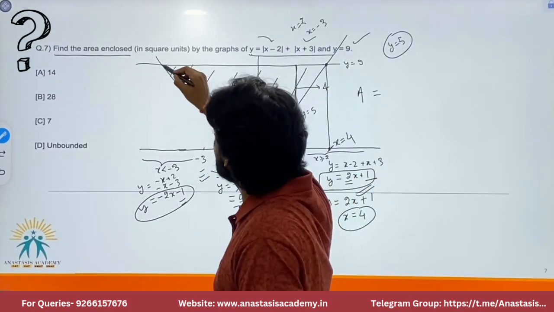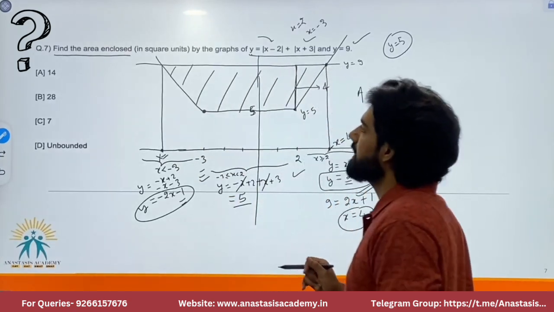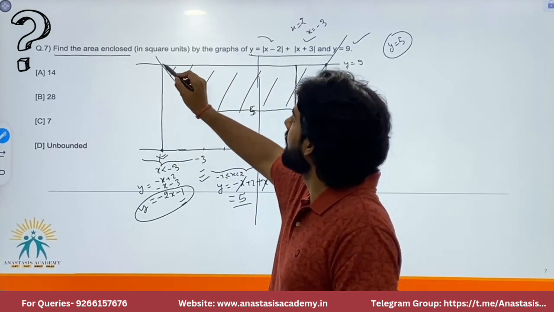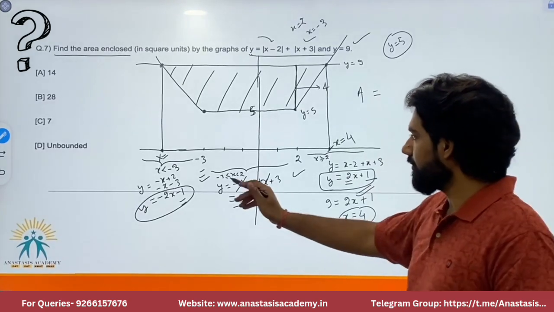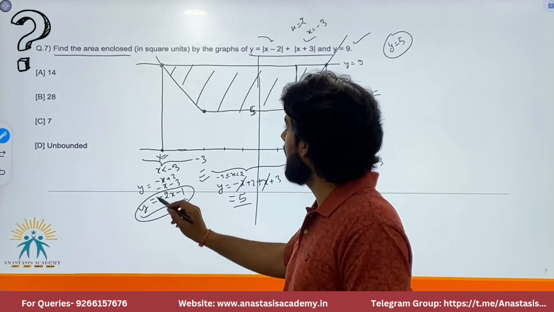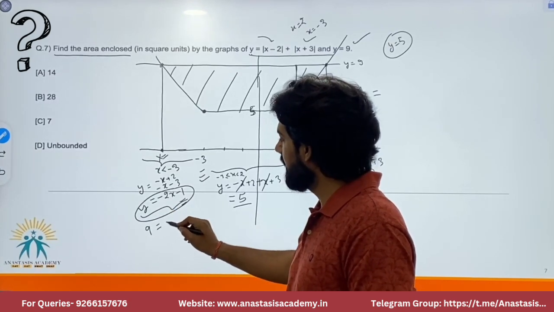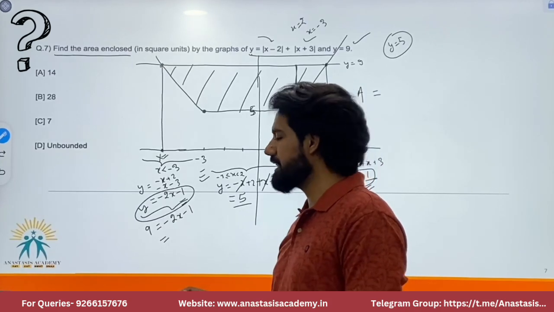Similarly, I can find the x where y equal to 9 cuts this graph again. In this range, y is minus 2x minus 1, and for y equal to 9, minus 2x minus 1 is equal to 9.